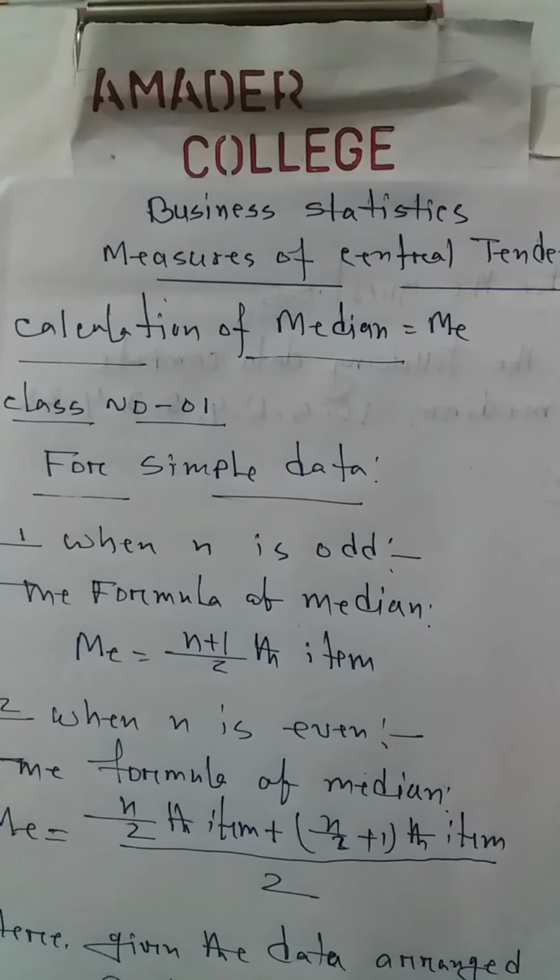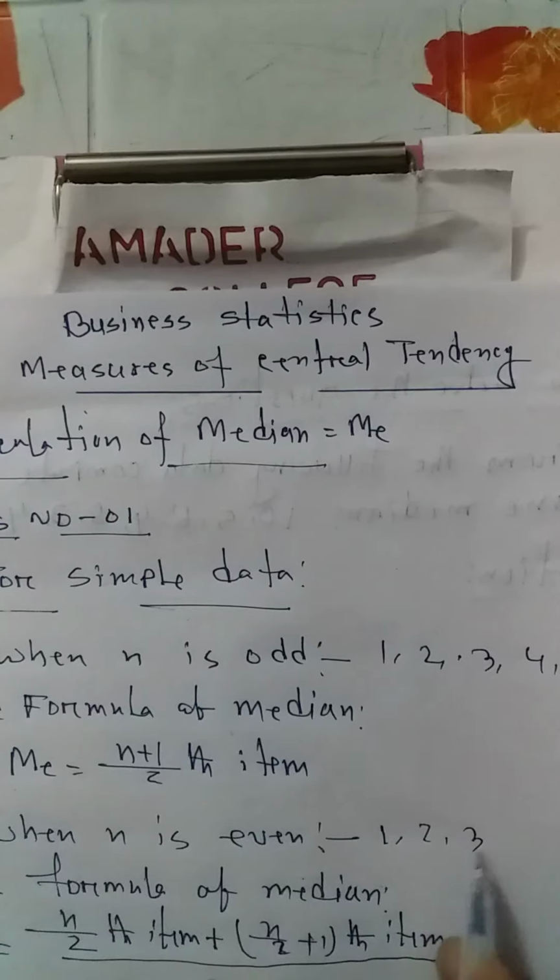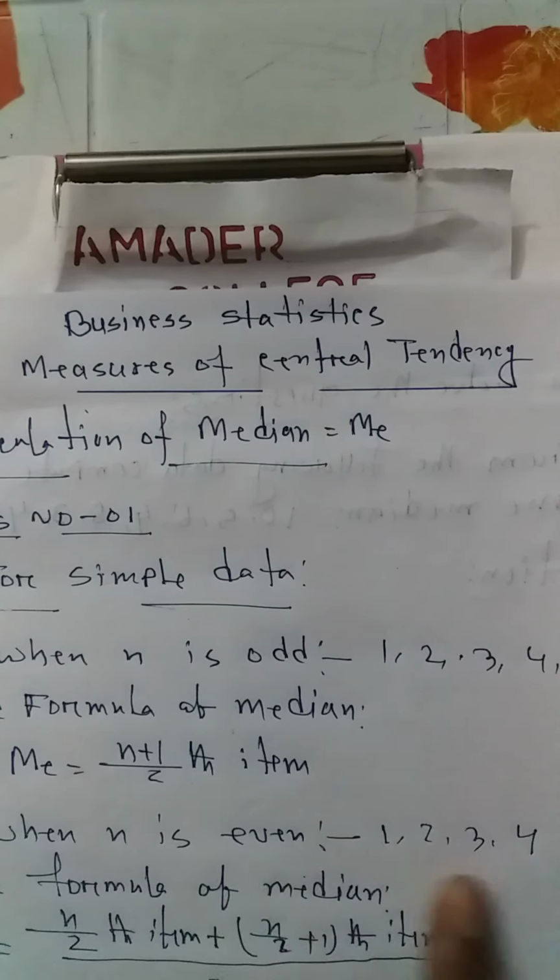And even observation, for example 1 2 3 4, that is called even observation.